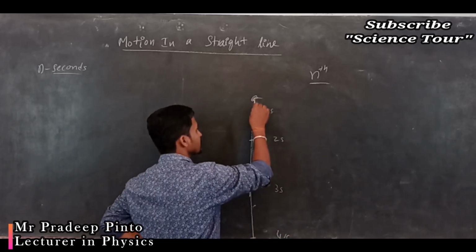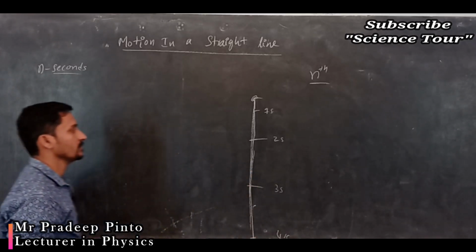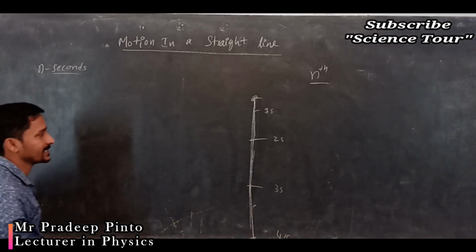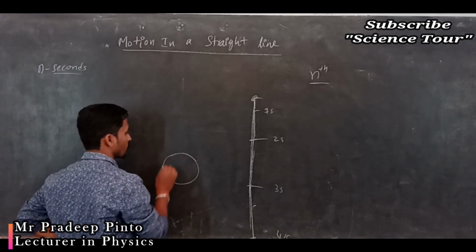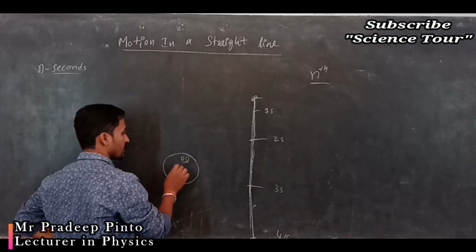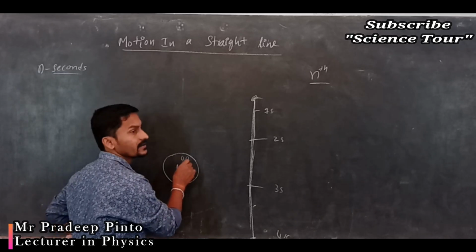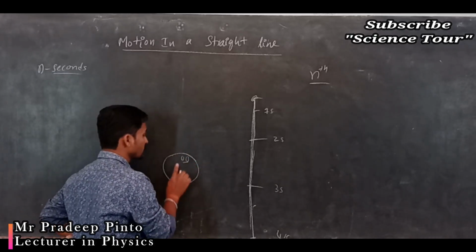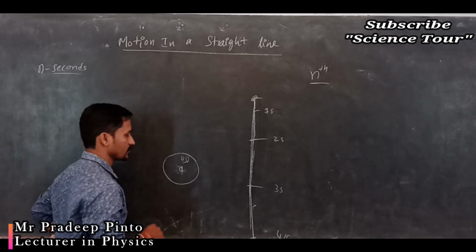Now the distance is less at first, then more and more. What does 1 second mean? Say there is a stop clock. As soon as you start, it is 0, then 99 becomes 100 and 1 second is done. Again there are 100 divisions running fast, so 2 comes, then 3, then 4.